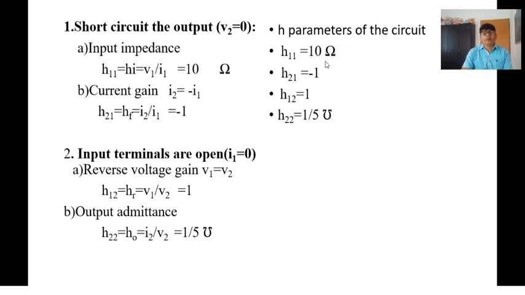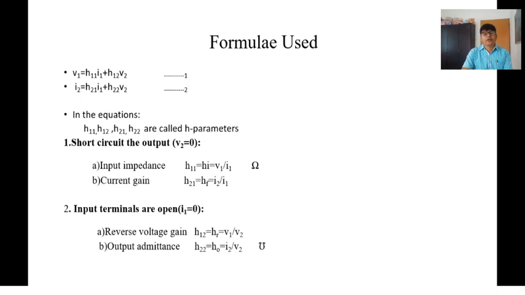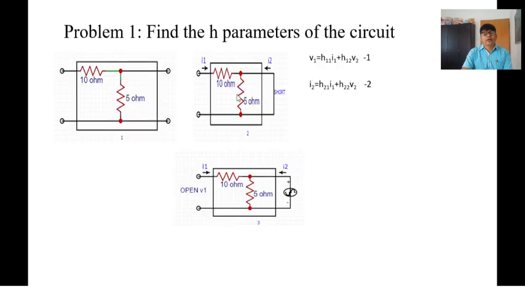And now H21, that means current gain. The input impedance you got is 10 ohm, so the current gain can be calculated. The current I1 flowing into the box will flow through the 10 ohm resistance and then through the shorted path.